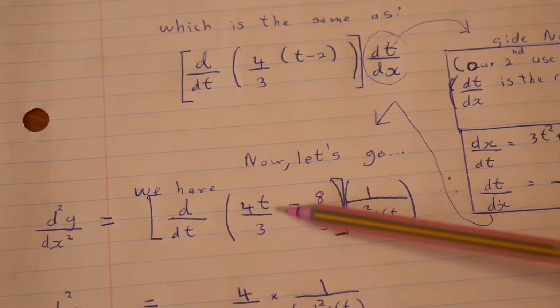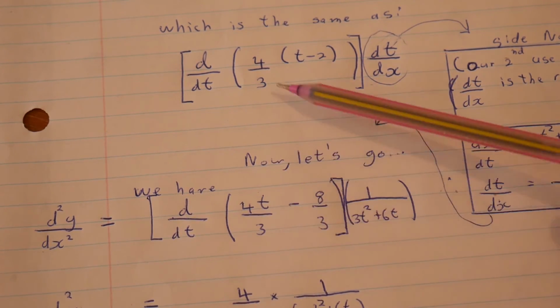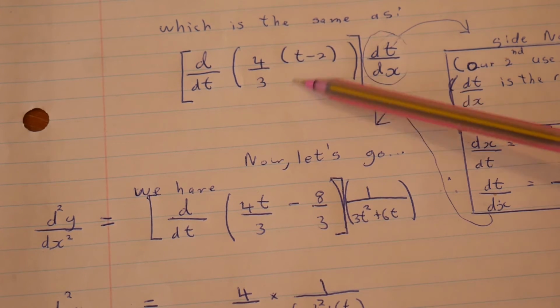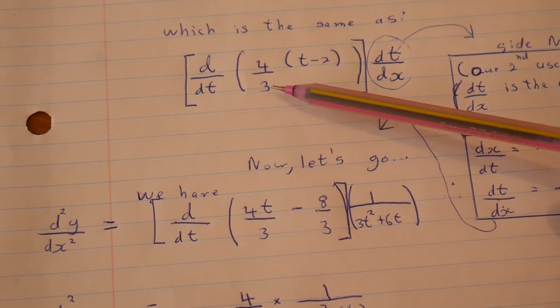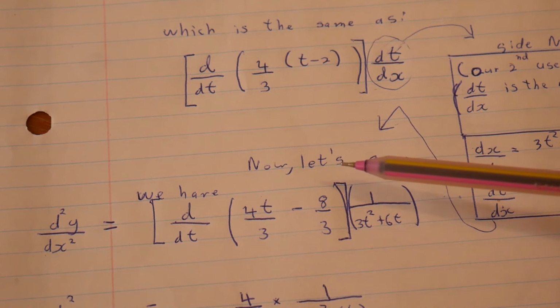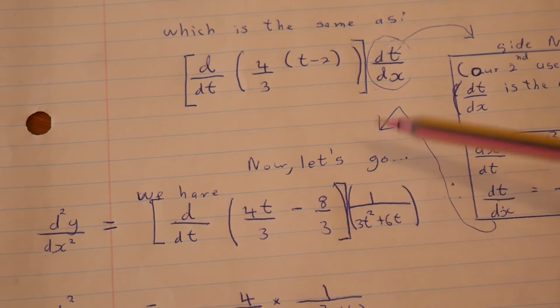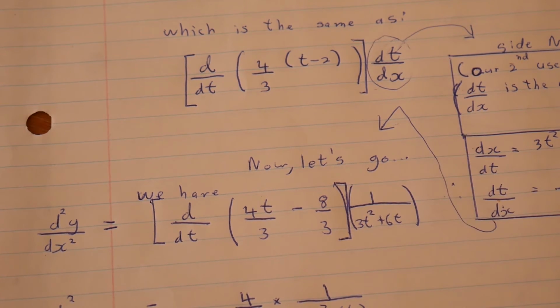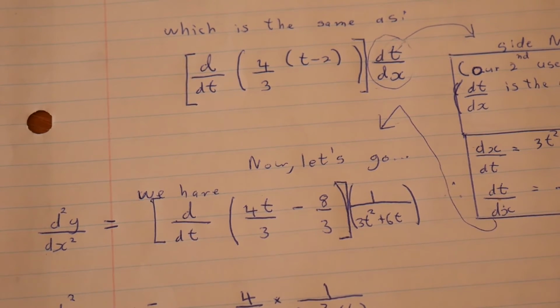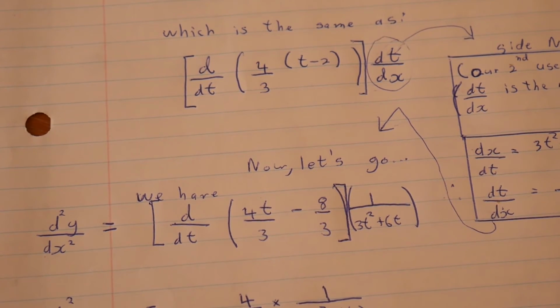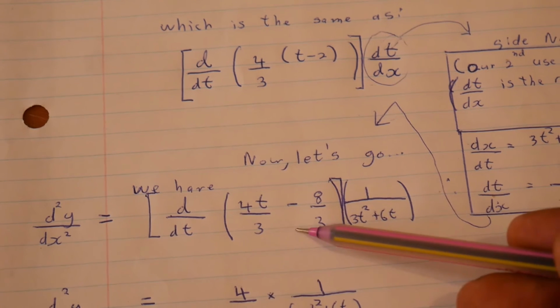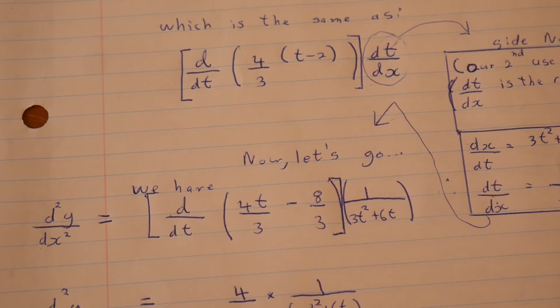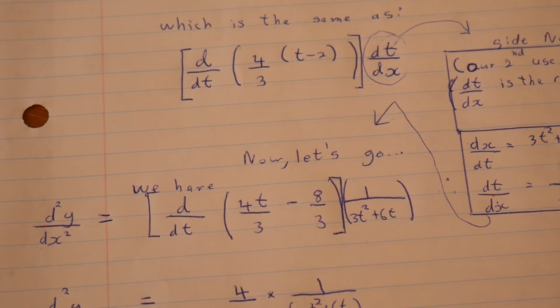We have d/dt of this. I just multiplied out this bracket: 4/3 of t, multiplied by minus 8 over 3 times dt/dx. Now, this written here, please don't ever think this is a product rule, even though in a way you might think it's a product rule.